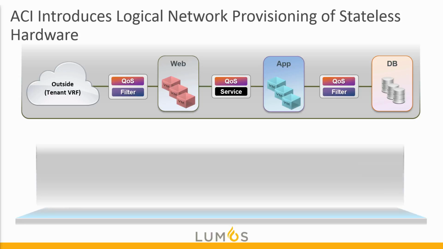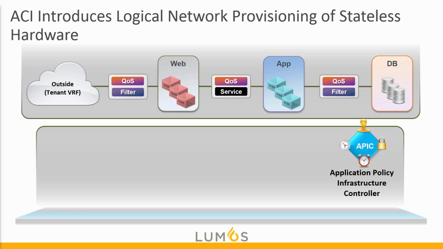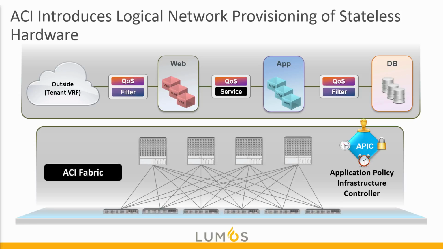Now everything is programmed, provisioned, and initially controlled, essentially, through the APIC. Now the APIC for ACI is the Application Policy Infrastructure Controller. So I'm not going to enumerate the naming convention of this much more, but I do just want to be clear. ACI is the entire fabric. This is the APIC controller along with the actual fabric itself, which are the hardware switches.